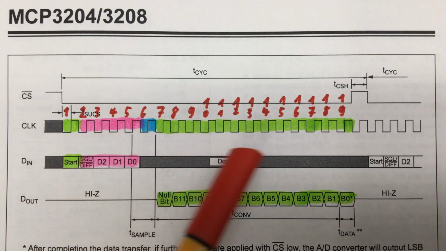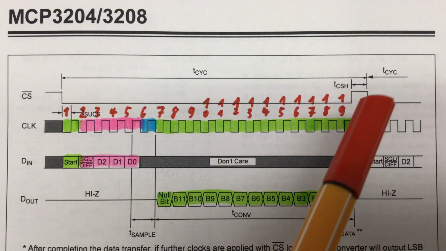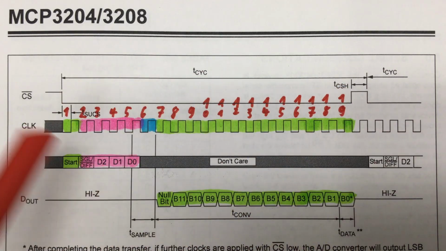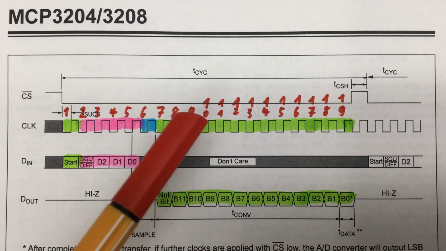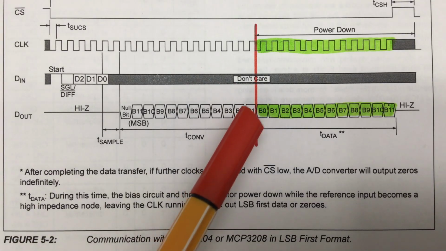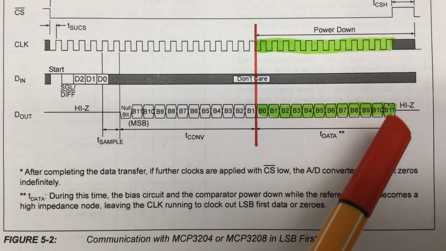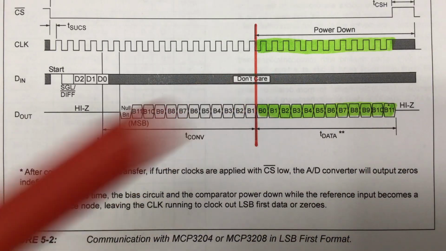And they need 19 clock cycles just to transmit the most significant bit first data, plus 1 clock cycle between such transmission, that's 20 clock cycles, times 100 kilosamples per second, that's 2 megahertz. So if you add another 12 clock cycles, you won't get 100 kilosamples per second.